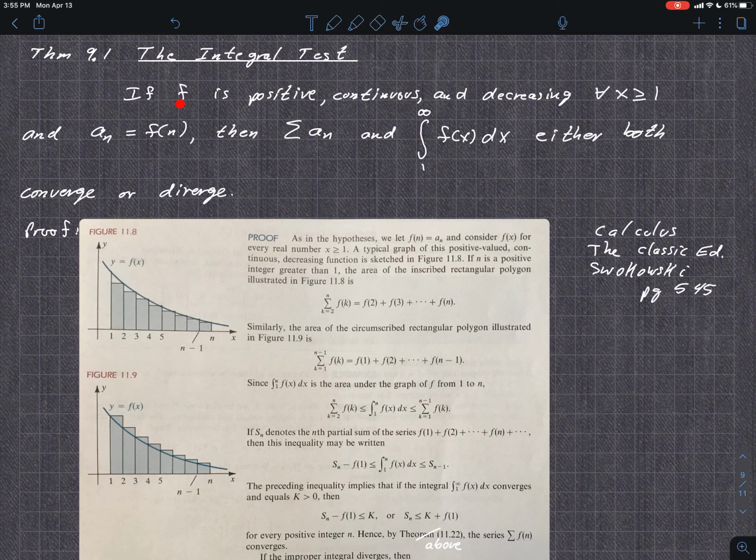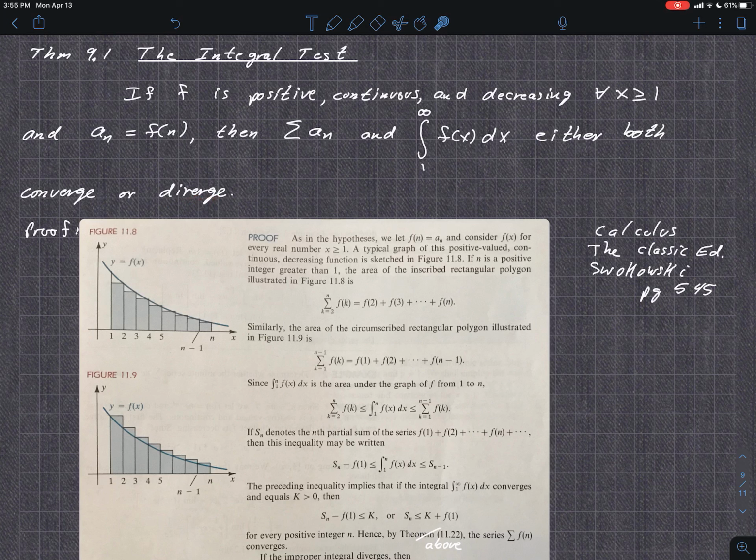If the function f is positive, continuous, and decreasing for all x greater than or equal to 1, so it's like after 1, and a sub n equals f of n, then the series and the improper integral from 1 to infinity of f of x dx either both diverge or both converge.